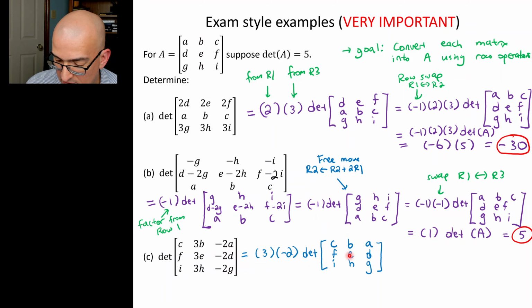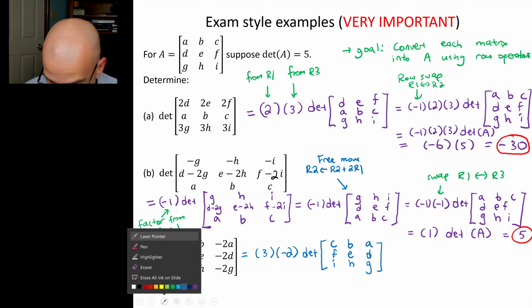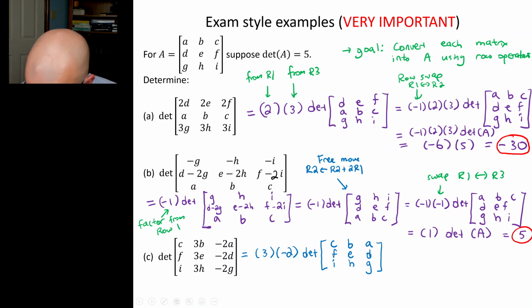If I swap any rows, that's going to be wrong. So I can't swap rows, but I can swap columns. What happens if I swap column 1 and column 2? Well, it picks up a minus sign because that's the cost of a column swap. But then it also brings us to the matrix A, which is the goal.